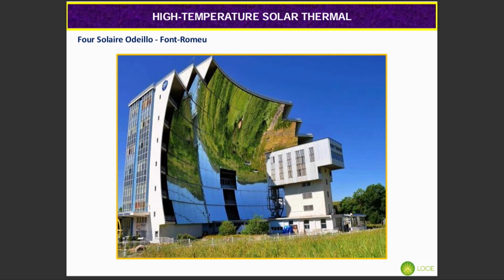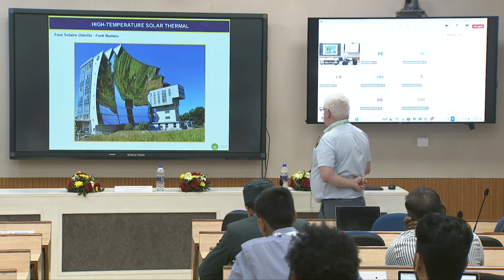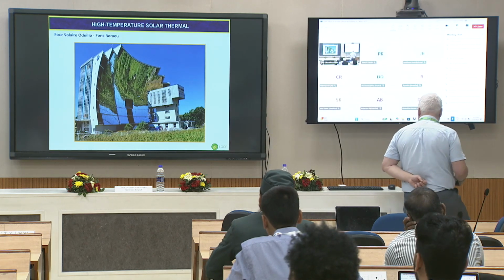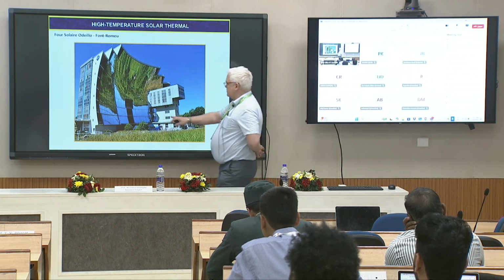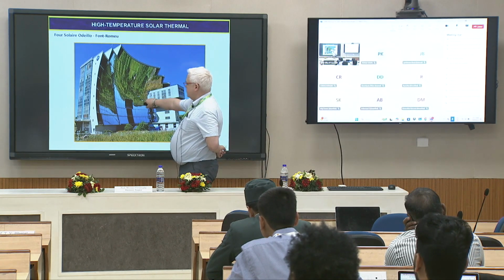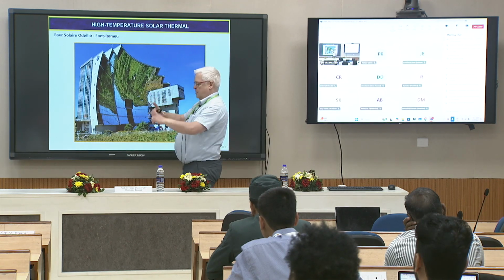So it is the solar furnace of Odeillo. You can see the lab is on the 6th floor, and the parabola is the whole building. All the mirrors are concentrating solar energy here on one surface.